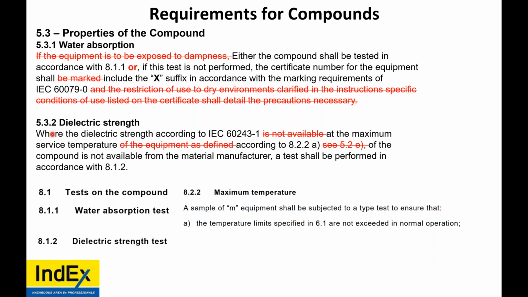Now, a dielectric strength test also has to be done to a different standard, IEC 60243, at the maximum service temperature, according to 8.2.2. If the maximum temperature of the compound is not available from the manufacturer, well, then another test will have to be done to 8.1.2, a dielectric strength test.